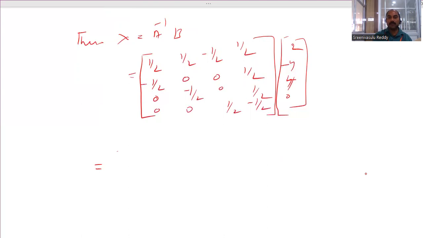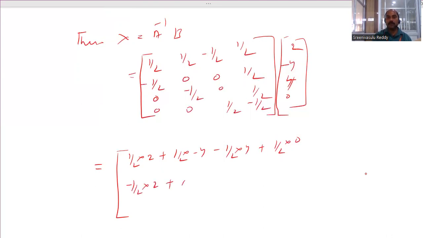So that implies row by column operation: 1 by 2 into 2 plus 1 by 2 into minus 4 minus 1 by 2 into 4 plus 1 by 2 into 0, first row. Second row: minus 1 by 2 into 2, 0 into minus 4 plus 0 into 4 plus 1 by 2 into 0.